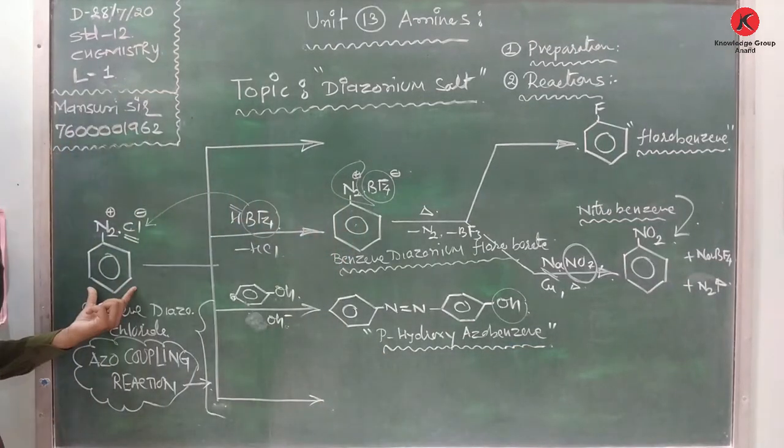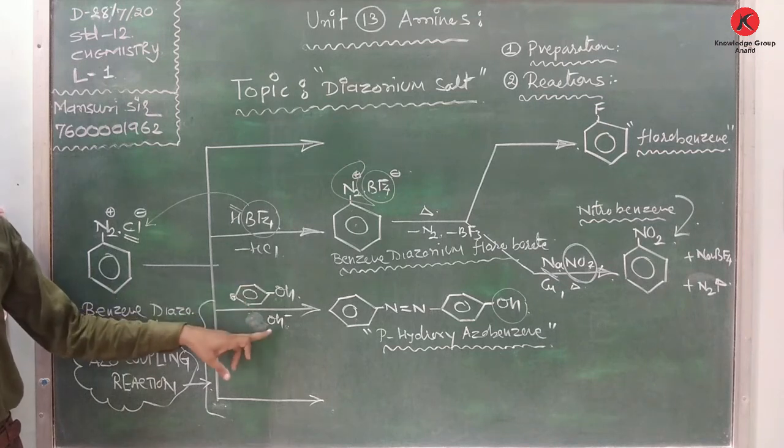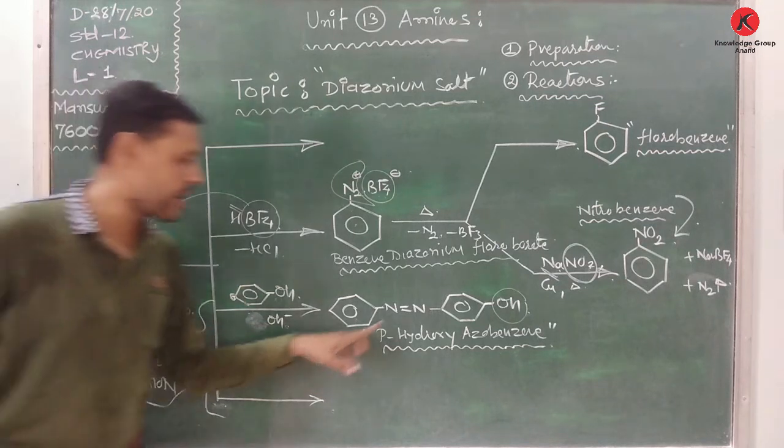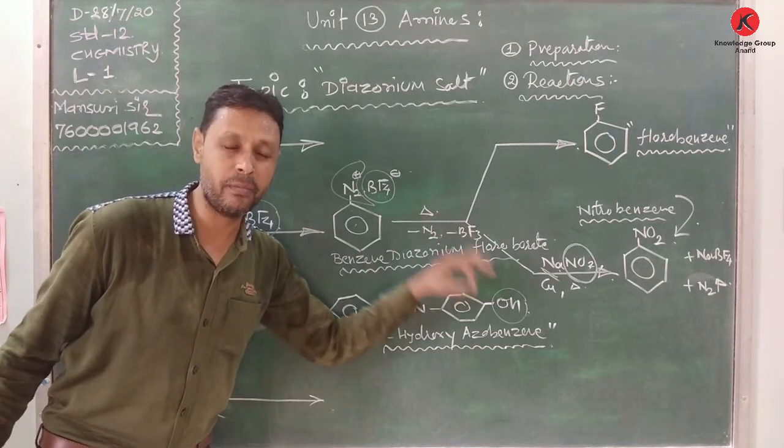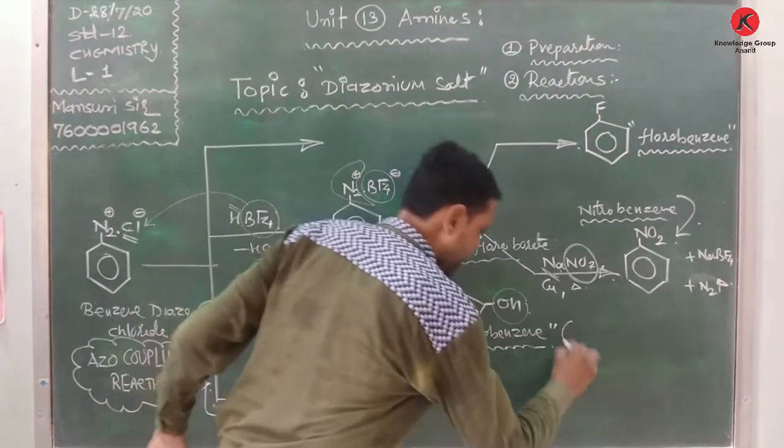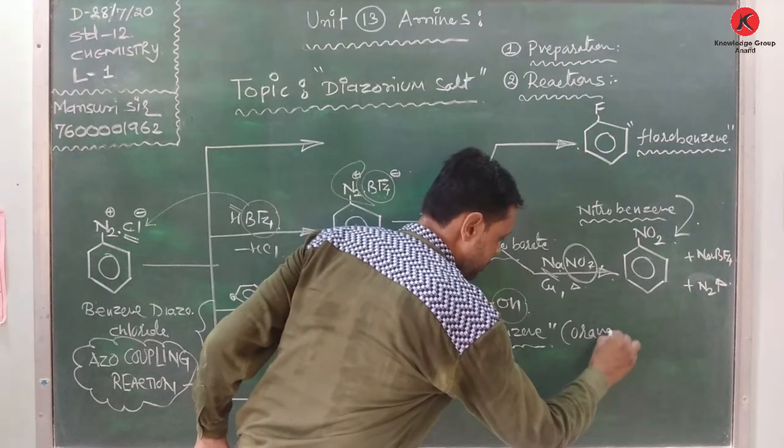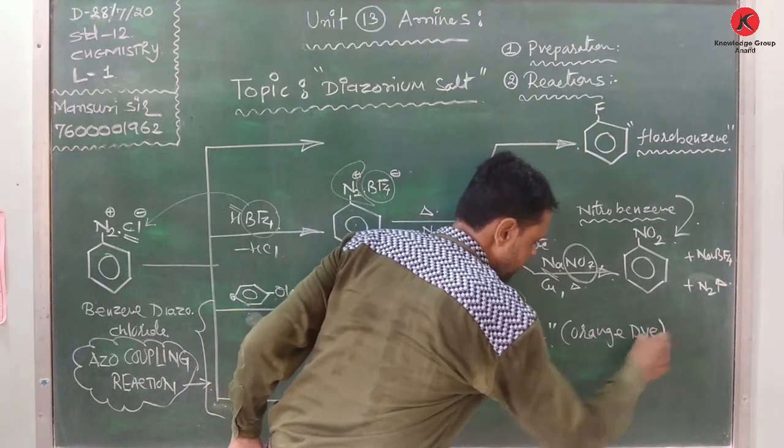So benzene diazonium chloride reacts with phenol in basic media, then para-hydroxyazobenzene is formed, which is an orange dye.